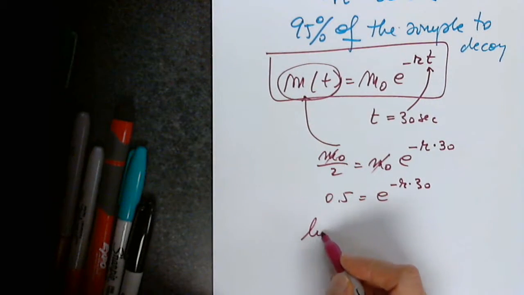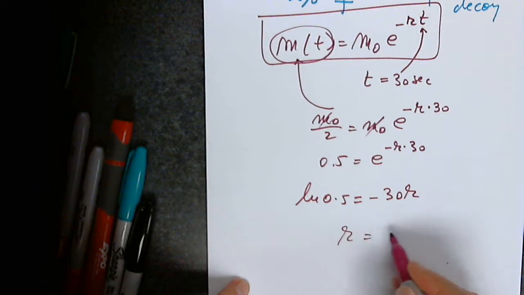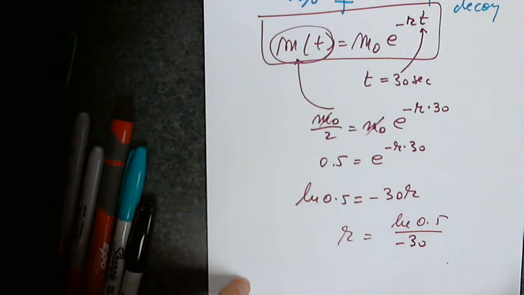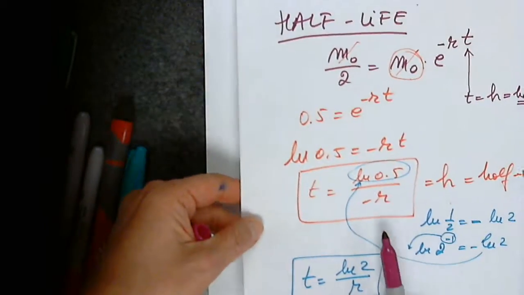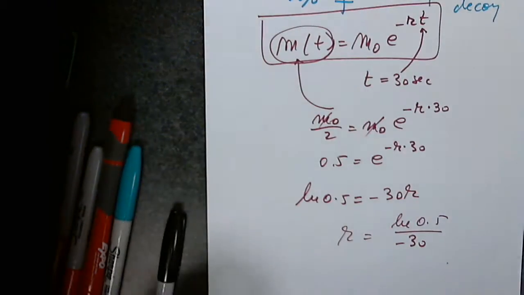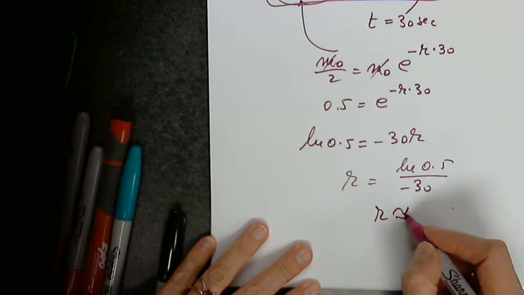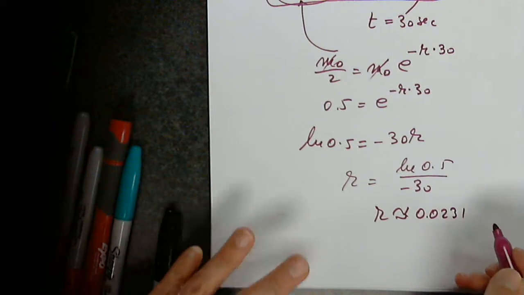So I apply natural log, and the right-hand side is negative 30r. So then r equals natural log 0.5 over 30 with minus in front. And this is what I got from the general case. But I don't need to memorize this. So then let's find r. So r is natural log 0.5, everything divided by, in parentheses, negative 30. So r is approximately 0.0231.